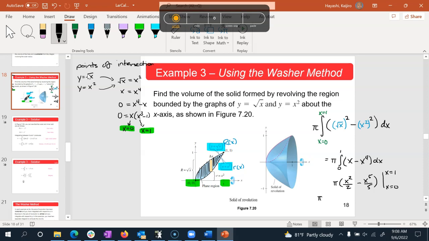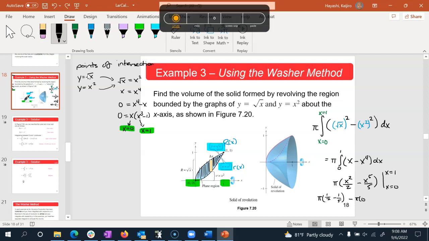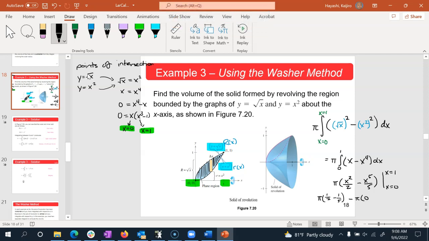Okay, so if I plug in 1, what I'm going to get is 1/2 minus 1/5. If I plug in 0, this is a polynomial integral, so I'm definitely going to get 0. So minus pi times 0, just to be able to tell yourself that you didn't forget to do it.